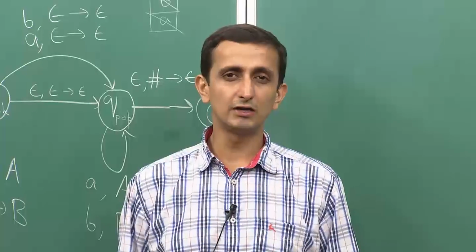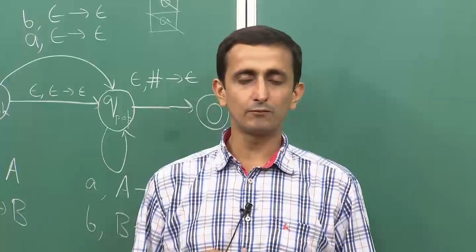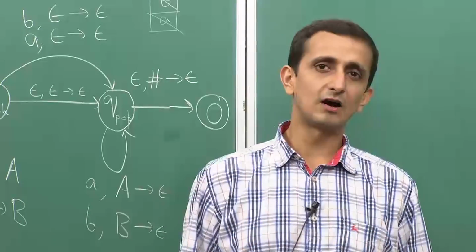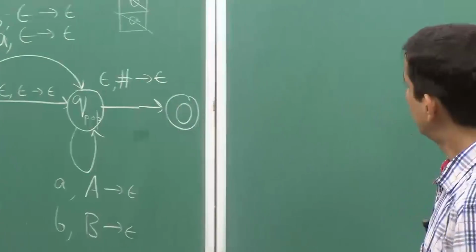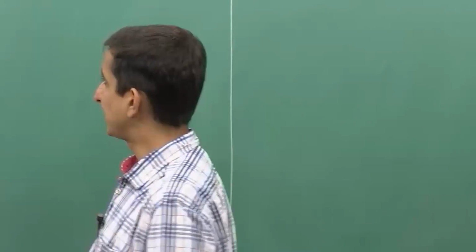And that is what we are going to show in the next part. I am not going to go through the complete proof in detail, but I am going to give an idea as to how the proof essentially works. So, let me state this as a theorem.